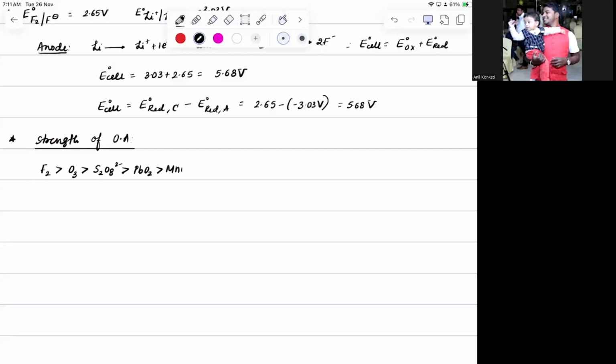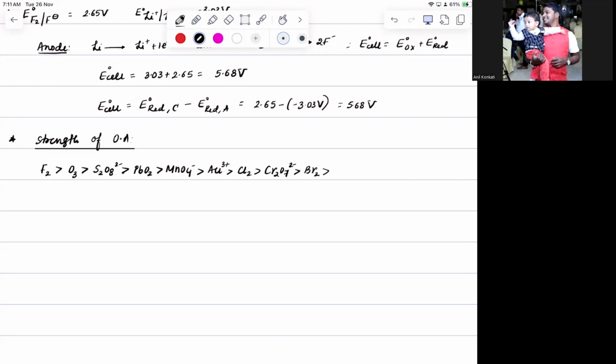After that comes MnO4 minus, then gold Au3 plus. Then comes chlorine, Cl2. After that comes Cr2O7 2 minus. Then comes Br2.